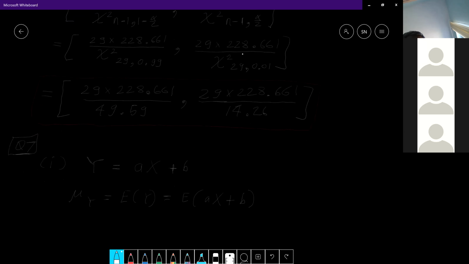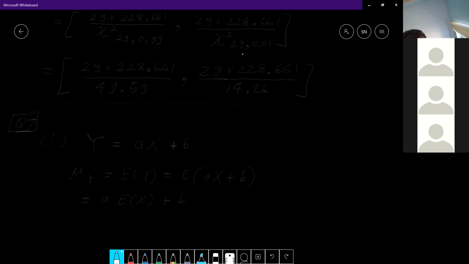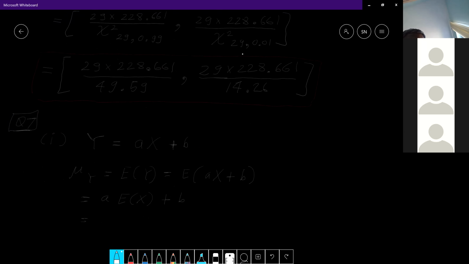Which is equal to a times the expectation of x plus b. Now the expectation of x is denoted by mu x, so this is a times mu x plus b. All right, so that proves the first assertion, right?